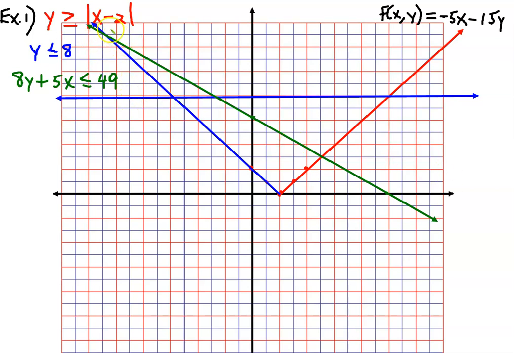My shading needs to be above the V, greater than the V, but the other two, it's less than the horizontal line y equals 8, which is below, and then it's also less than the green, which is also below. So when we put all the shadings together, the area that they share, where all the shadings collide, is this area right here.